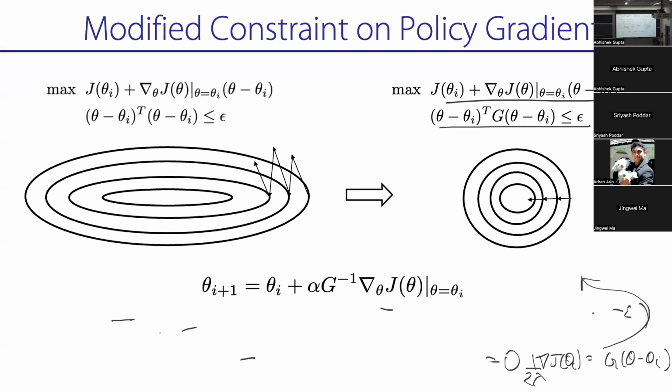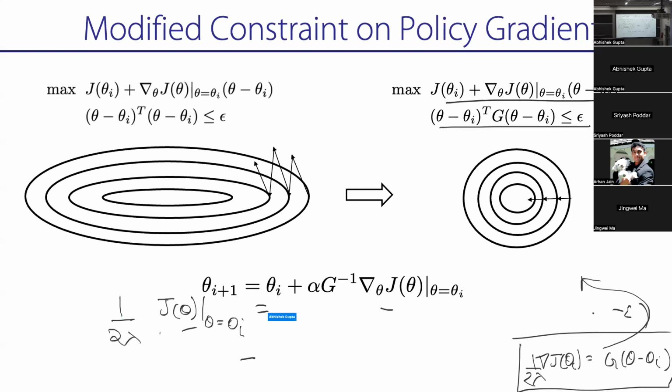Okay, so let's say we started with this thing. We said 1 over 2 lambda times grad J(theta_i) is equal to G times (theta minus theta_i).